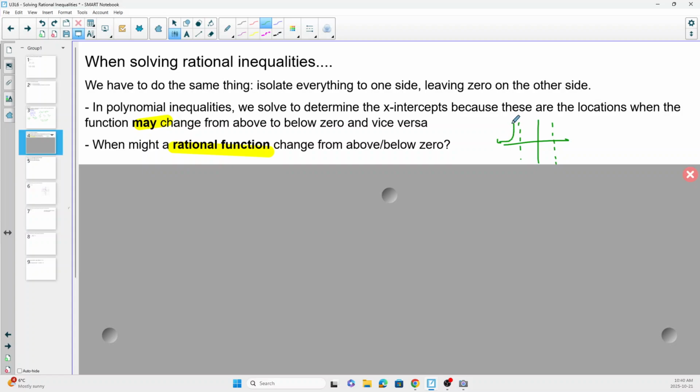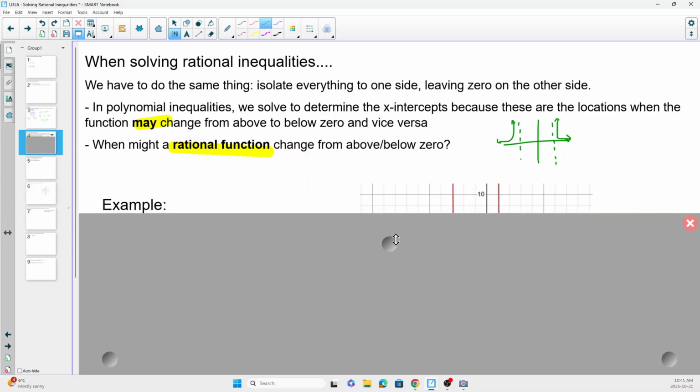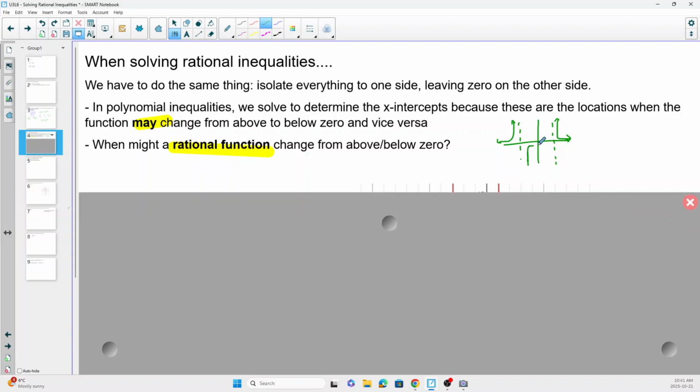And let's say that it looks like this, and like this, and like this. Let's go like this, just for funsies. And that's not a great example of a rational function because of the intercept. One last time, like this.